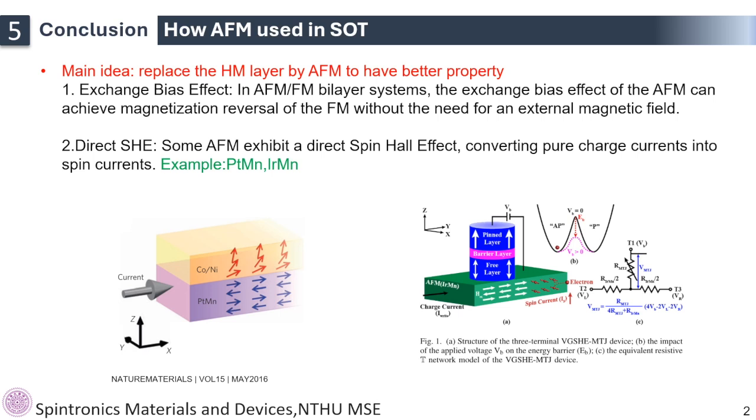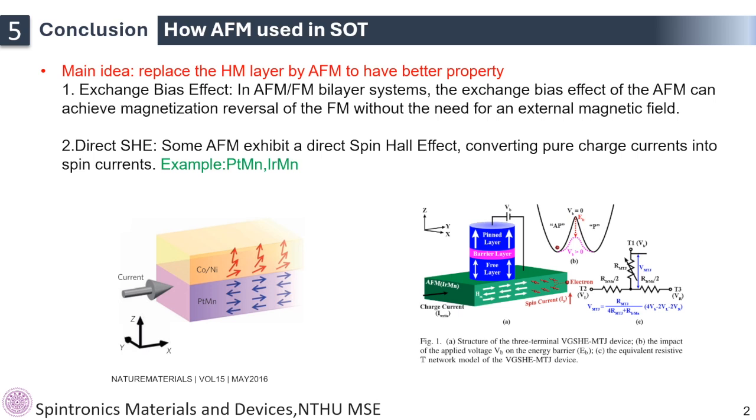Then how can we put AFM into SOT devices? The main idea is to replace the heavy metal layer with AFM and get better properties. Sometimes we can also change the FM layer into AFM material, just as we mentioned in case 1. When we change the heavy metal into AFM, there are 2 effects we can see.